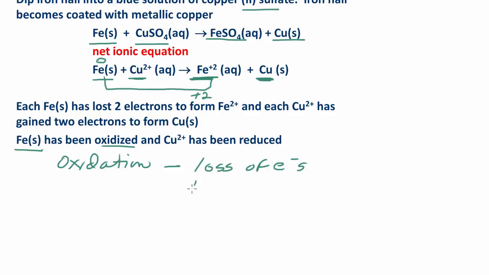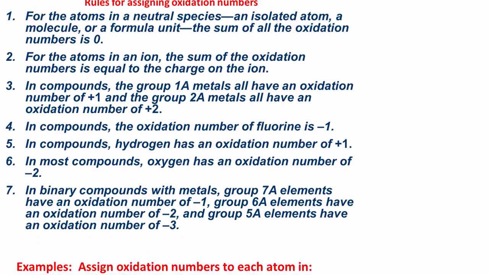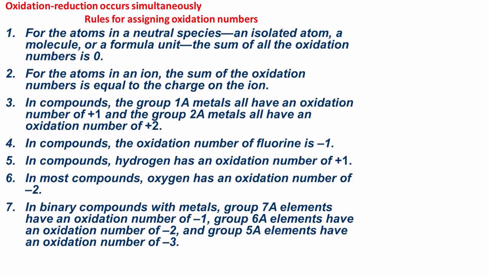So we see an increase of oxidation number. Now, the copper, on the other hand, goes from +2 to 0. So the copper has gained electrons. Reduction is the gain of electrons, or we can look at it as a decrease in oxidation number.